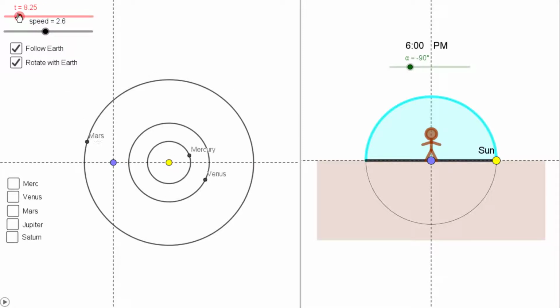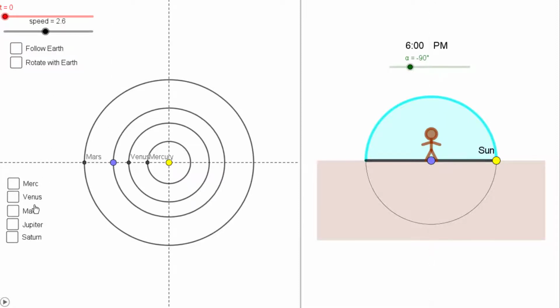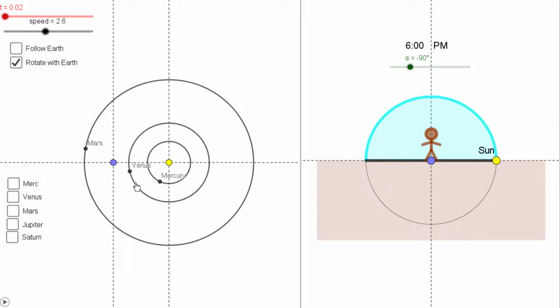Let's run this back to 0, starting with all these things lined up here, basically. If I start just by hitting go, notice that we have Venus and Mercury getting out in the lead, and Mars is lagging behind. And here's the Earth. But if we rotate the chalkboard, so to speak, in other words, we keep the Earth fixed, the fact that the Earth is getting ahead of Mars can be seen as Mars actually going backwards, because it's the combined motion of Earth and Mars that we're portraying here.